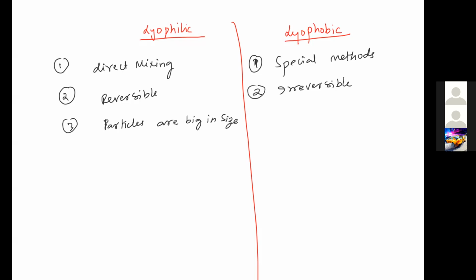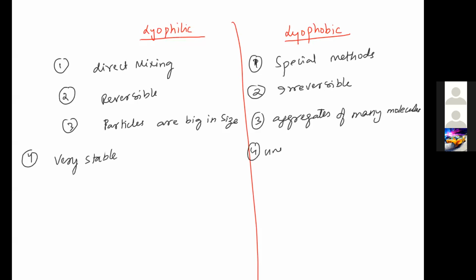Whereas these particles are aggregates of many molecules. Stability: lyophilic are very stable, while lyophobic are unstable and require some amount of stabilizers.